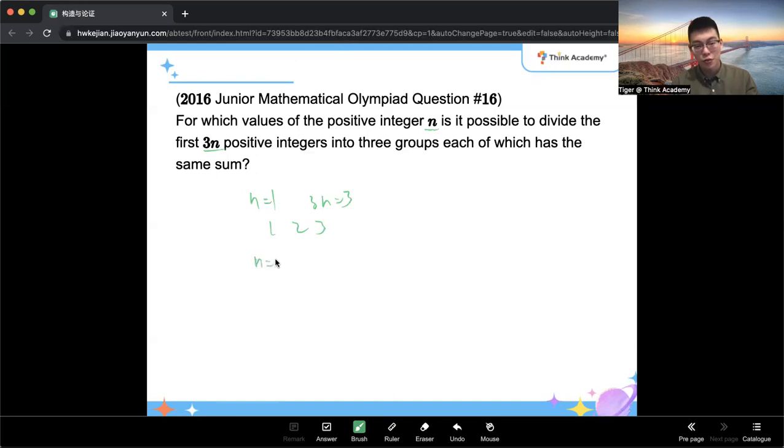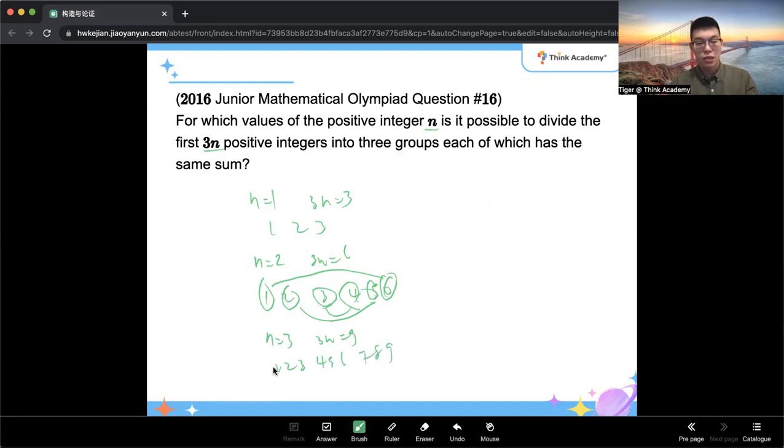So if n is 2, 3n is 6: 1, 2, 3, 4, 5, 6. So we can group it first to last, second to second last, third to fourth. Right? And then when n is 3, 3n is 9: 1, 2, 3, 4, 5, 6, 7, 8, 9. So we can do 1, 5, 9.